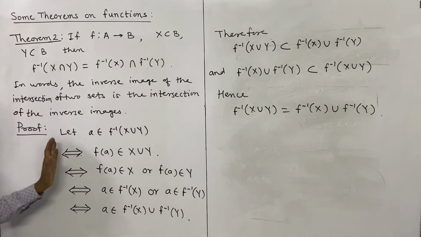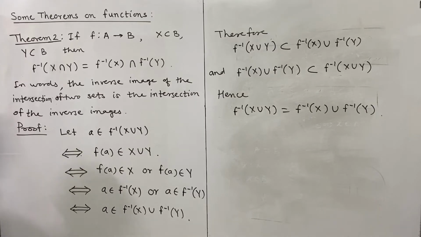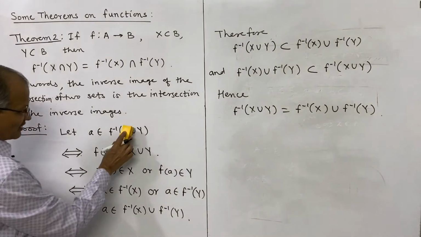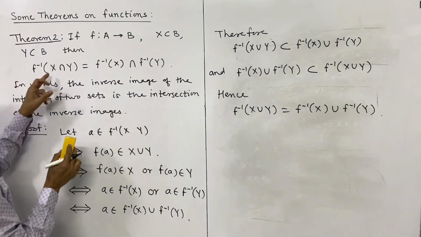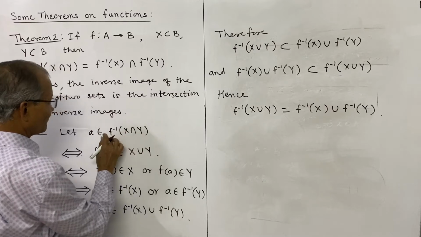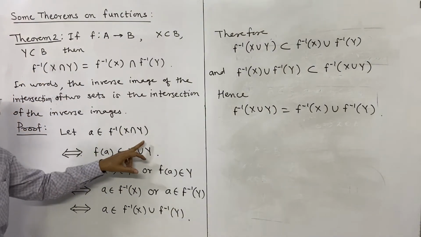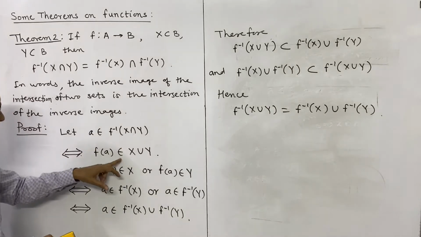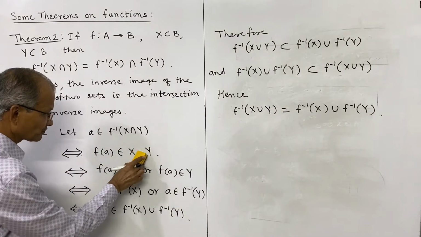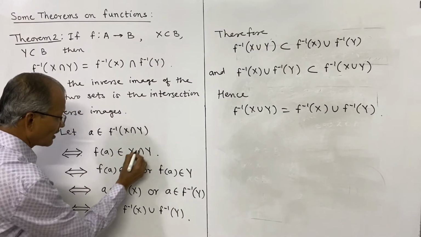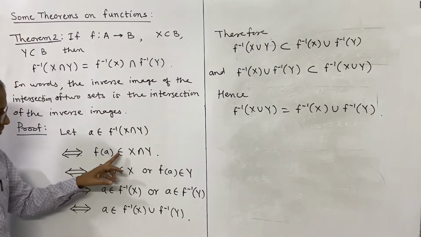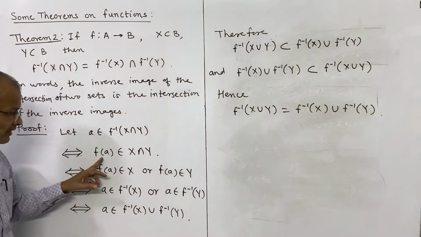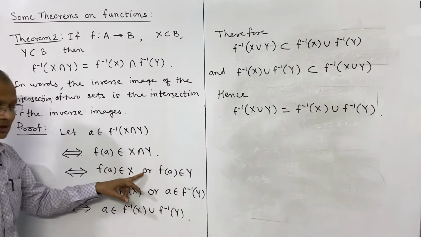And now this can be proved in exactly similar way. So in place of union there is intersection. See, I can write here: A belongs to f inverse of X intersection Y. Then that implies and is implied by f of A belongs to X intersection Y. And now see, if f of A belongs to X intersection Y, that implies and is implied by f of A belongs to X and f of A belongs to Y. For intersection the connective is AND.